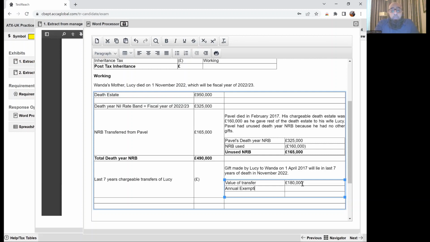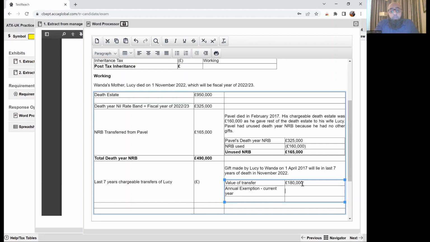Annual exemption, current year, 3,000, and annual exemption last year, 3,000. Since it is our only gift, the last year exemption must also be available.